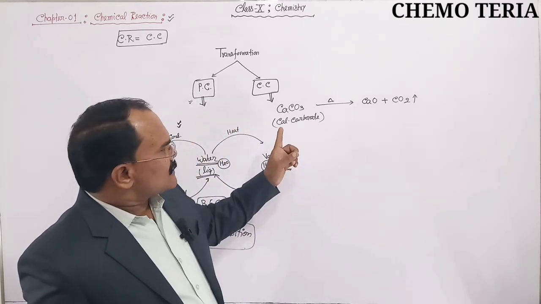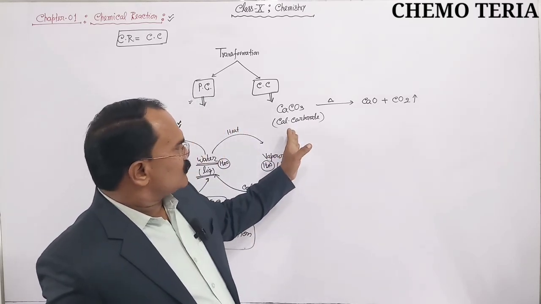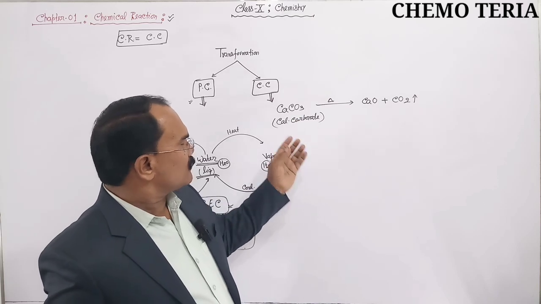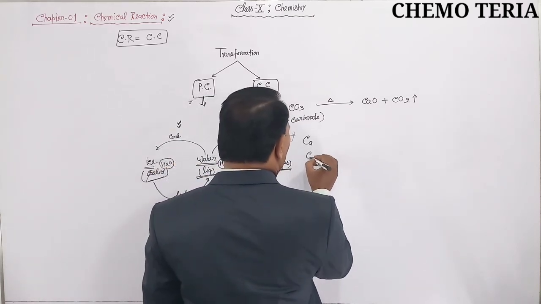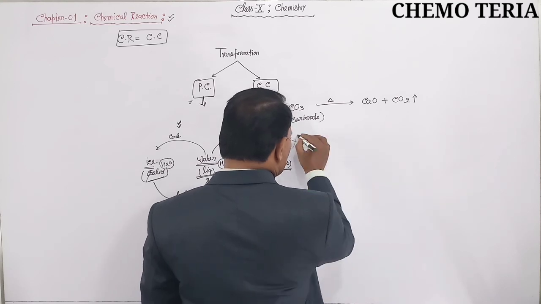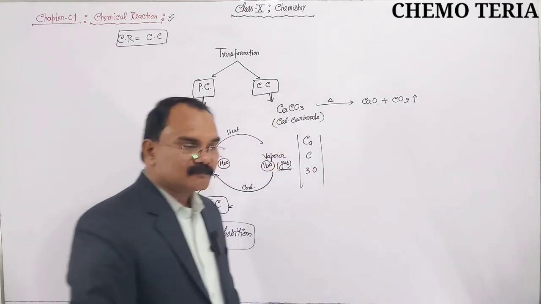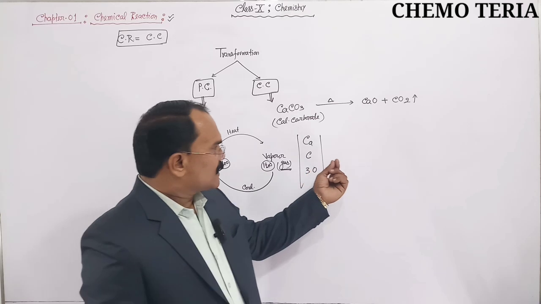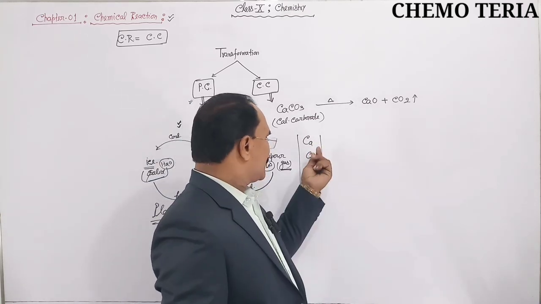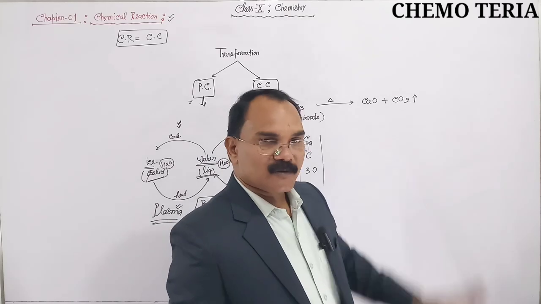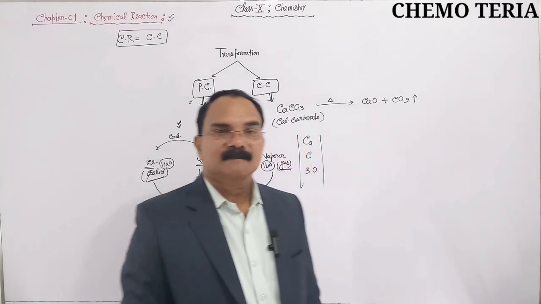So here you can say that there is a change of the binding pattern of the atoms of calcium, carbon and 3 oxygen atoms. Calcium is bound to only 1 oxygen, and 1 carbon and 2 oxygen go out in the form of CO2.